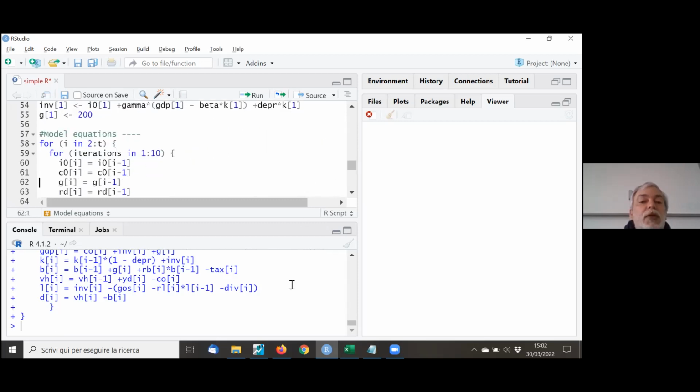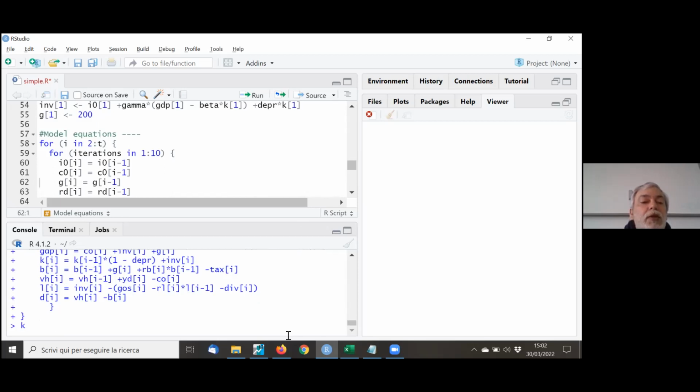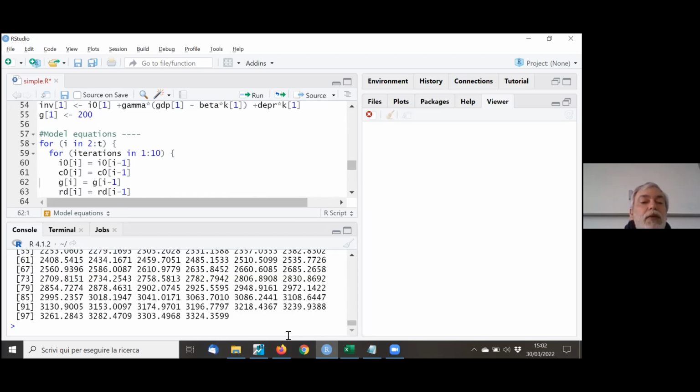Okay. So let's now look at K. Now it's much better. And GDP, but this is not a steady state, it's growing.